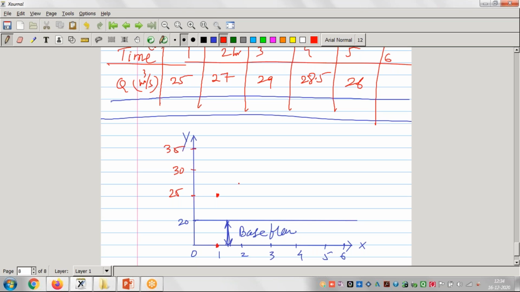Then after 2 hours, the discharge is 27, somewhere here. Then after 3 hours it is 29, somewhere here, right? After 4 hours it is 28.5, somewhere here. And after 5 hours, 26 means somewhere here.